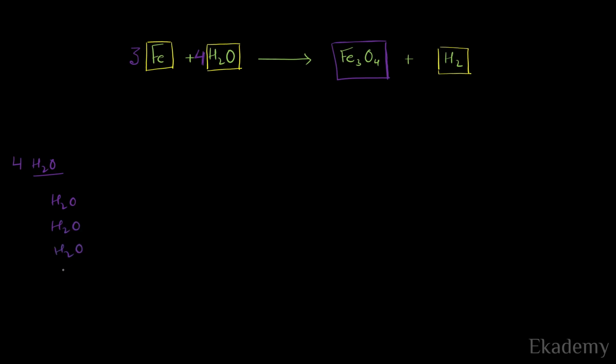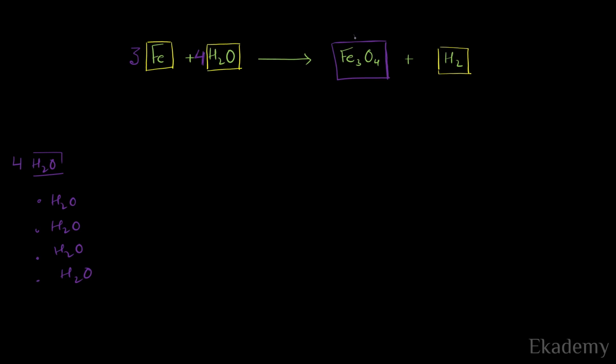If something is written like this, 4H2O, it means we have 1 H2O, 2 H2O, 3 H2O, and 4 H2O. So now in the 4 molecules of H2O, what we have got is 4 atoms of oxygen and 8 atoms of hydrogen. Basically, you just multiply this coefficient with the subscript and you will get the total number of hydrogen atoms. So we have 8 atoms of hydrogen.